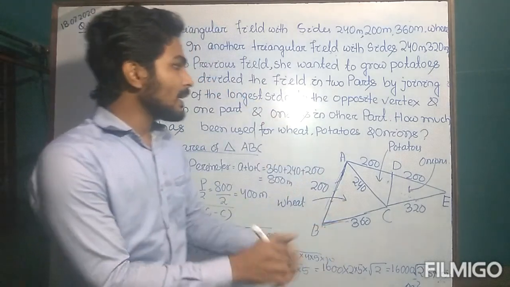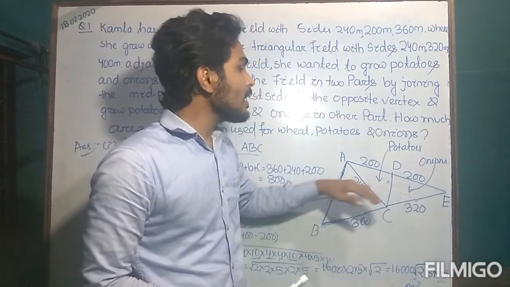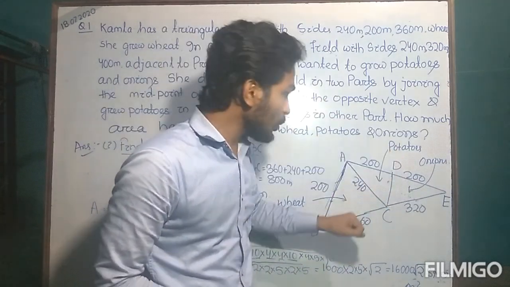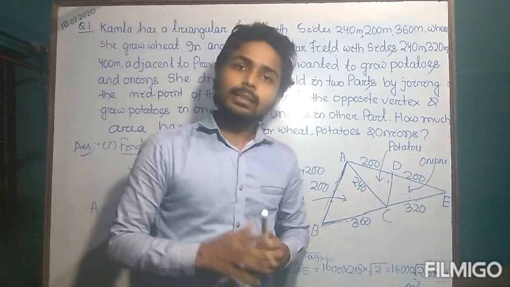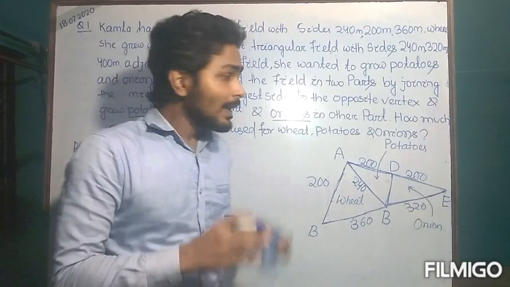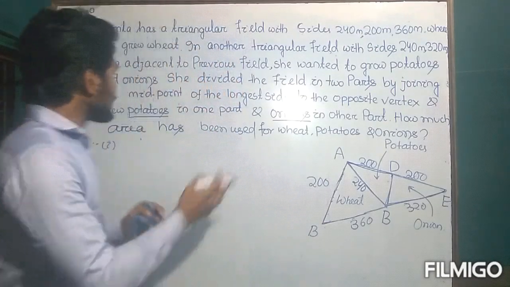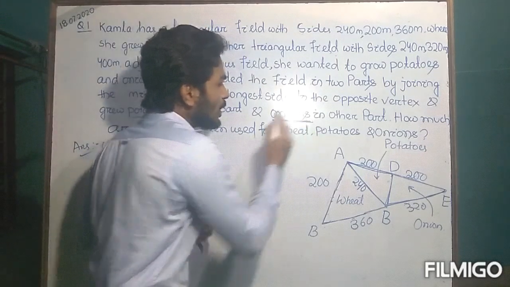Now we have to find in how much area Kamala will grow potatoes and onions. Okay, so let's do that on the second page. Now we will find the second part where she will grow the potatoes and the onions.